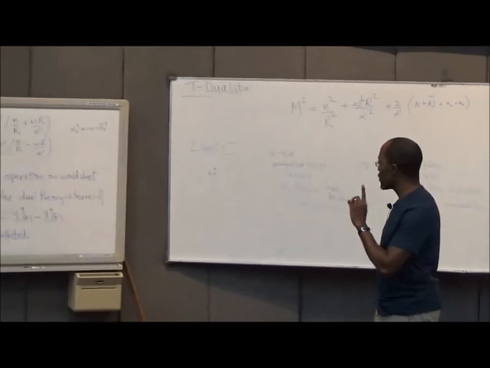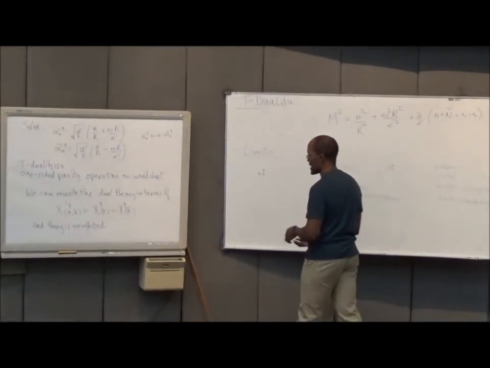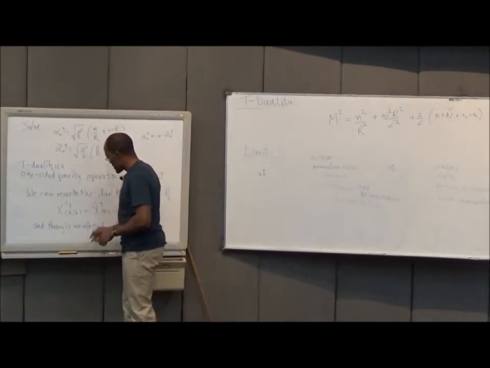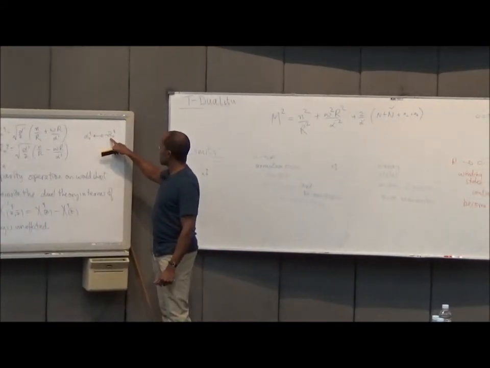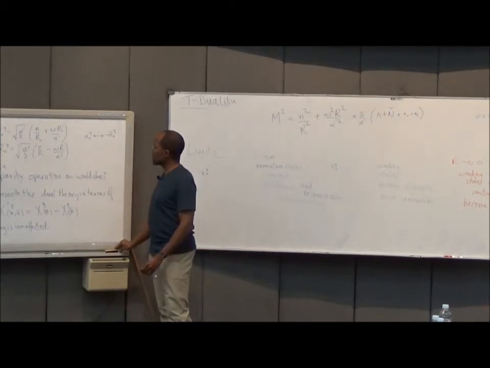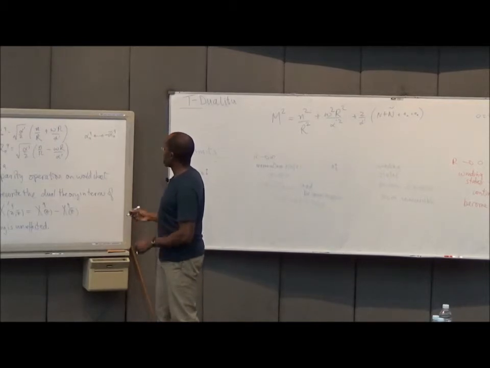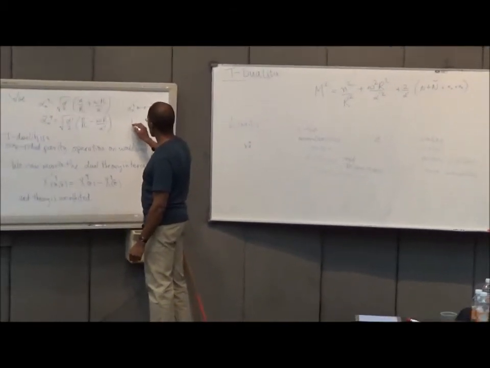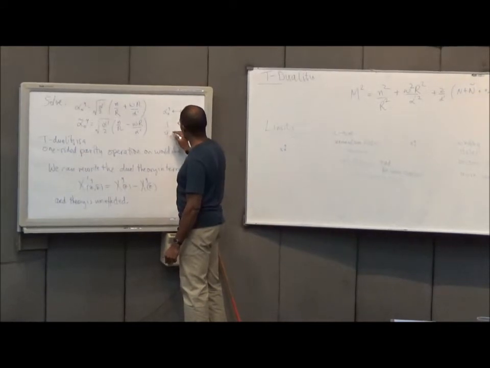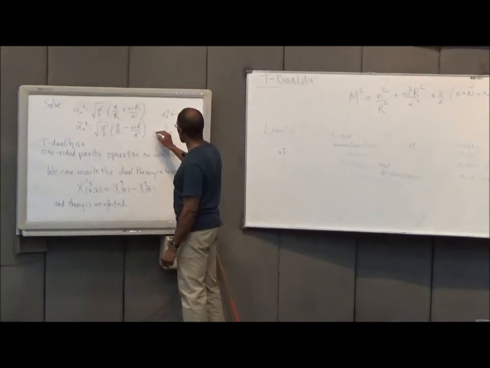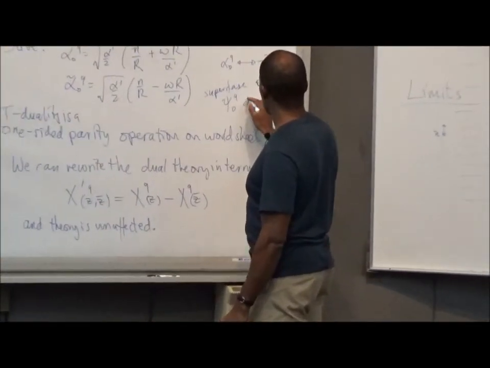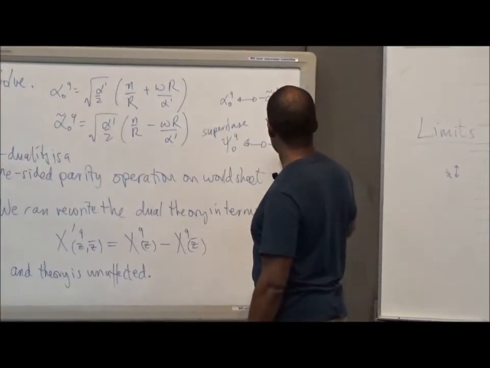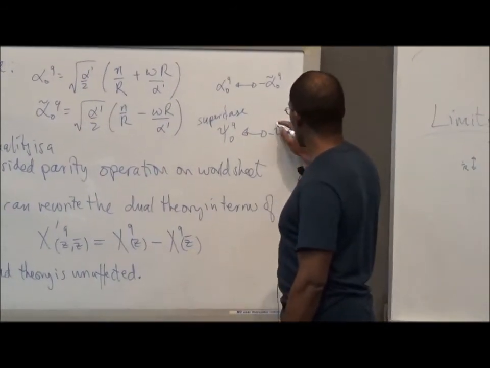But I just have one observation to make left, and that is that there is one interesting place where we saw alpha 0. I should also say that this translates down to psi. In the supersymmetric case, this would also translate down to psi 0, getting an extra minus sign.